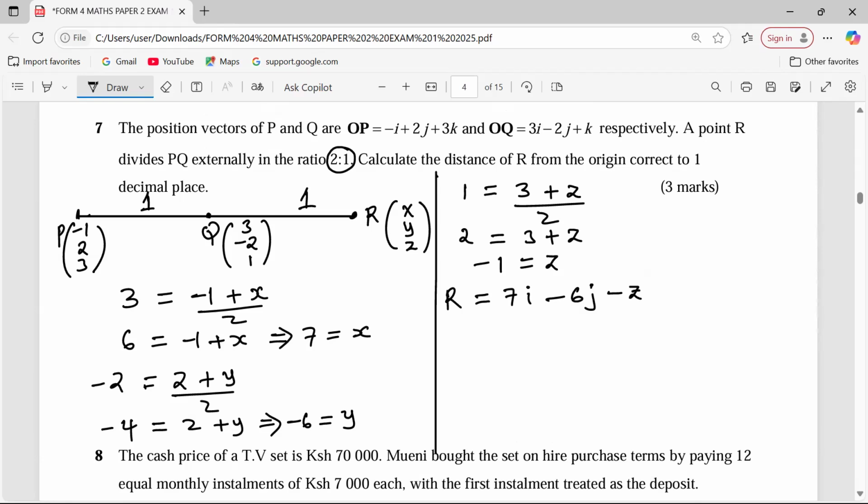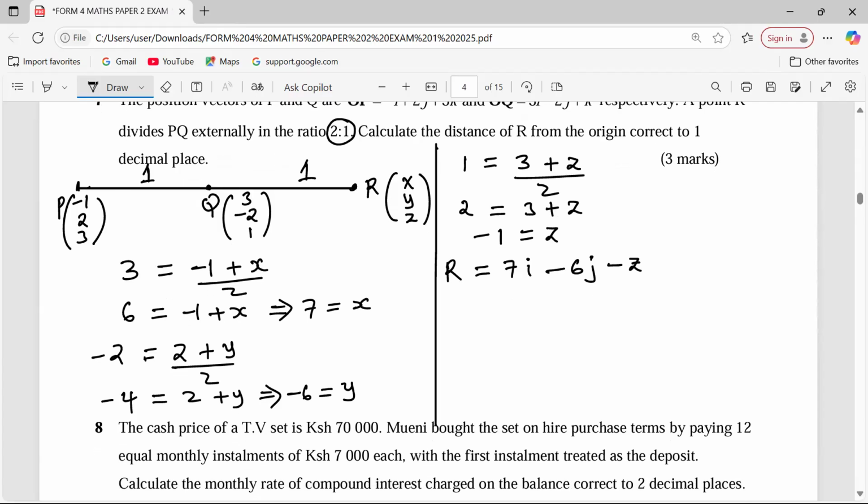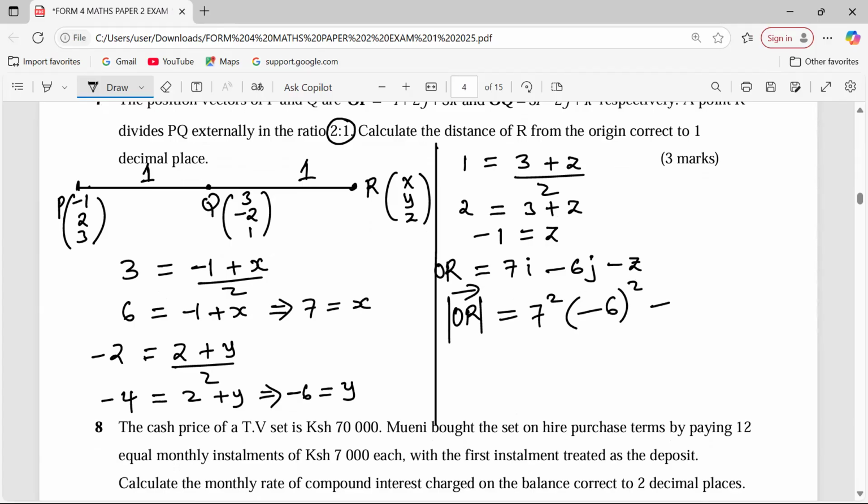So with this knowledge now, we can proceed to talk about the magnitude of R. Magnitude of R, which is a vector, shall be 7 squared minus 6 also squared minus 1 also squared. Then we take square root. So this should be plus and plus.